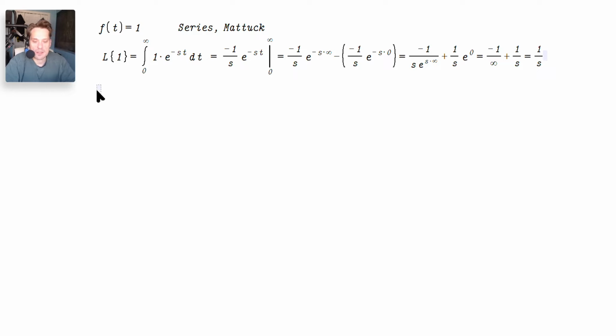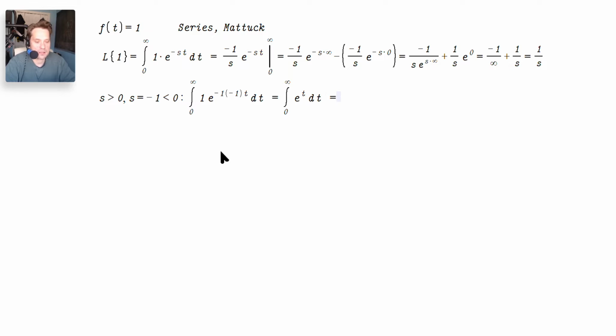Now notice something: s has to be greater than 0. If s, for example, is negative 1, which is less than 0, see what happens in that case. You would have the definite integral from 0 to positive infinity of 1 times e raised to negative s t, which is negative 1 times negative 1, with the dt. So that would give you the definite integral from 0 to positive infinity of e to the positive t dt.